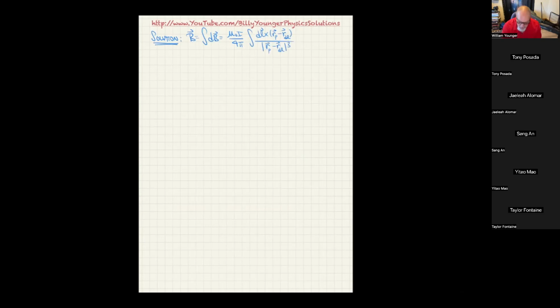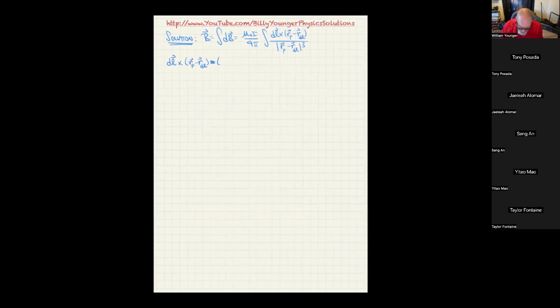So just to tear this apart a little bit, it'd probably be smart to go ahead and compute DL cross RP minus RDL. And this will give you yet another way of calculating a cross product that hopefully you're somewhat familiar with, but you might not have seen it before. It's a nice little way of doing it.